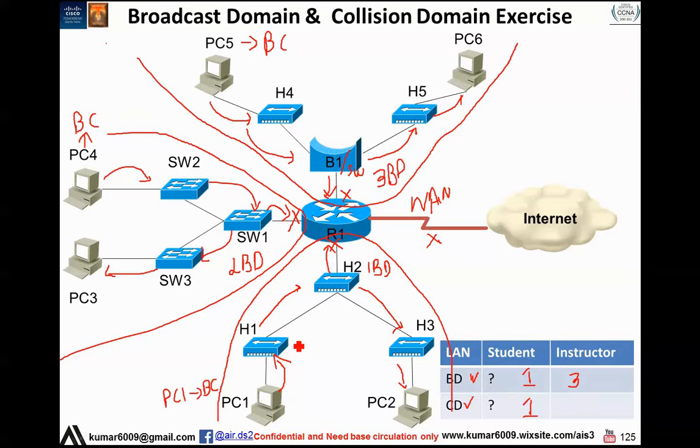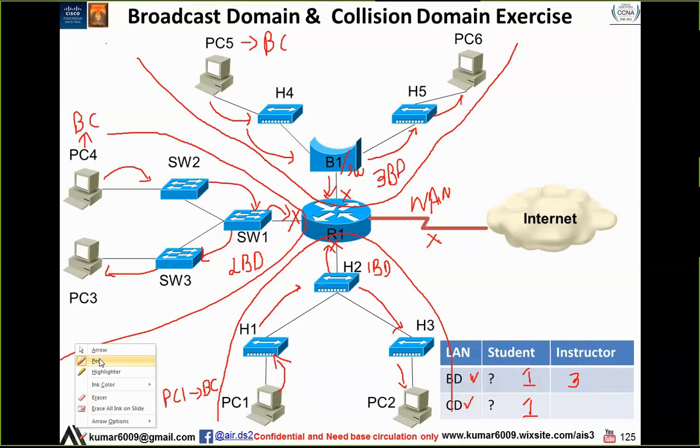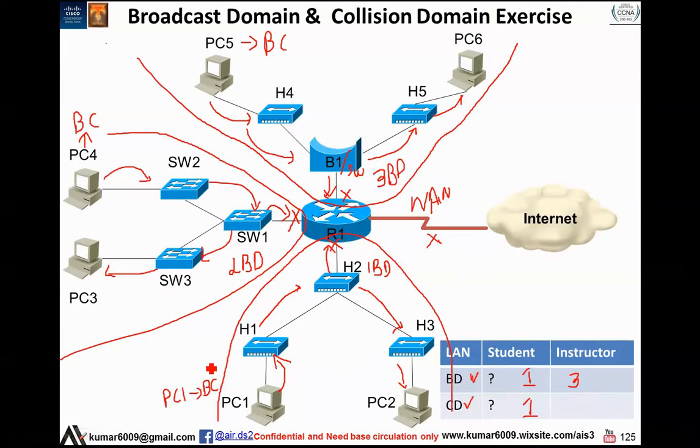Now, PC1 and PC4 are sending data at the same time. Collision will happen. So this is one. Let me mention here. This is one collision domain. Correct now? Now, SW1, SW2, SW3. What is the function of this? It makes each port a separate collision domain, right?